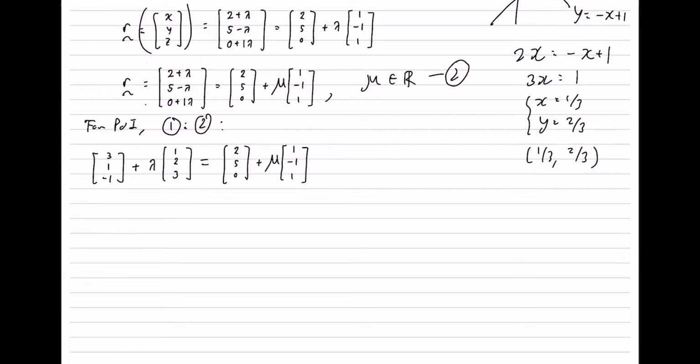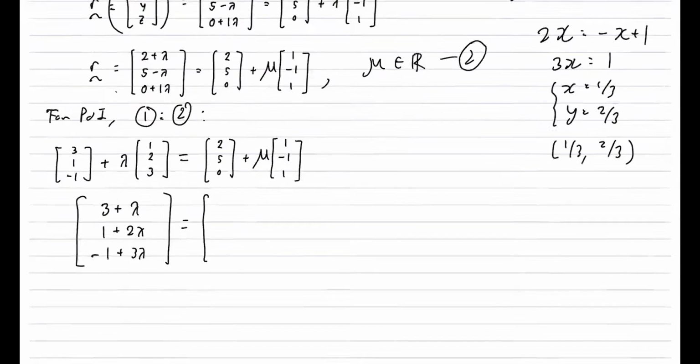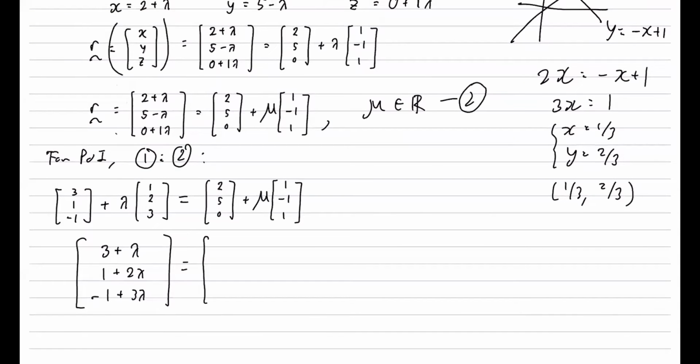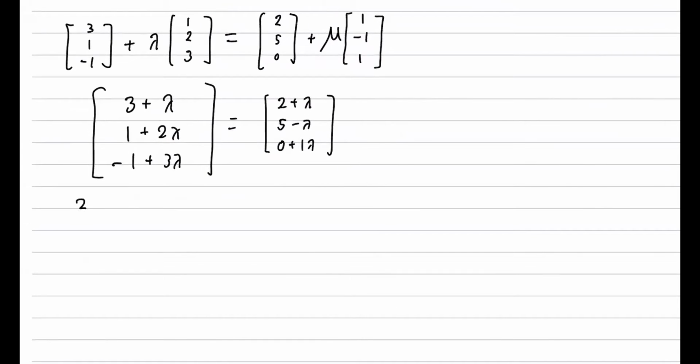I think you can see you can combine them into a single vector like this: (3 plus lambda, 1 plus 2 lambda, minus 1 plus 3 lambda), correct? Likewise for the right-hand side, maybe it's better if I just copy down the original form. Compare component-wise.